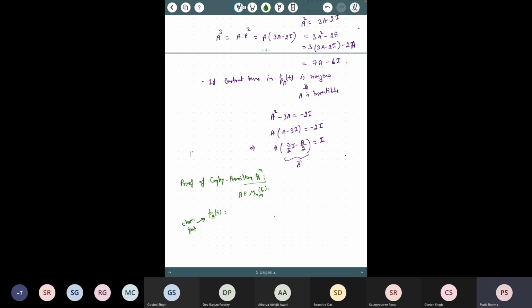So this polynomial P_A has n roots, and the roots of the characteristic polynomial are nothing but the eigenvalues of A. If lambda 1 to lambda n are the eigenvalues, I can write P_A(t) as (t minus lambda 1)(t minus lambda 2) and so on up to (t minus lambda n), where lambda 1, lambda 2, up to lambda n are the eigenvalues of A.